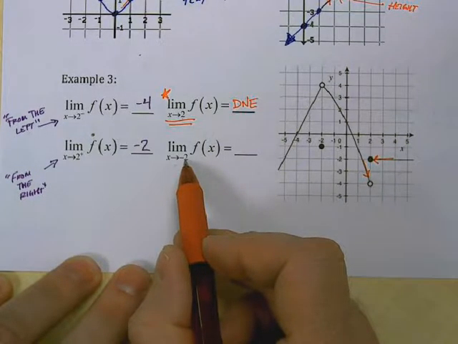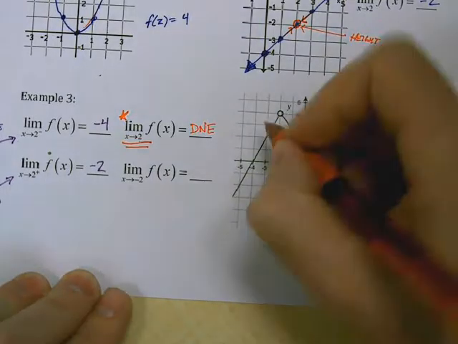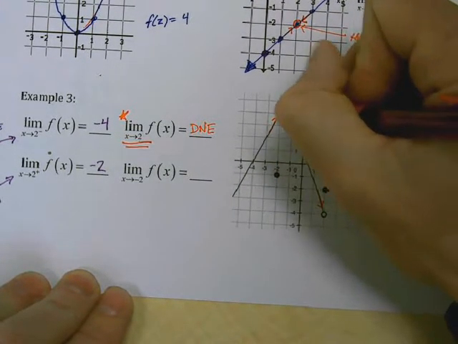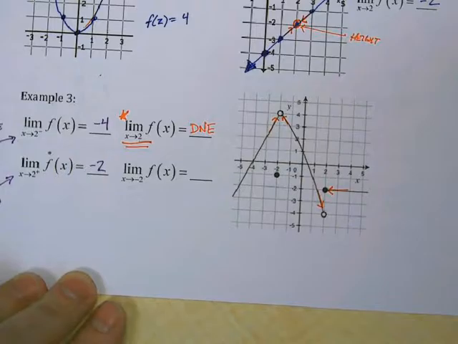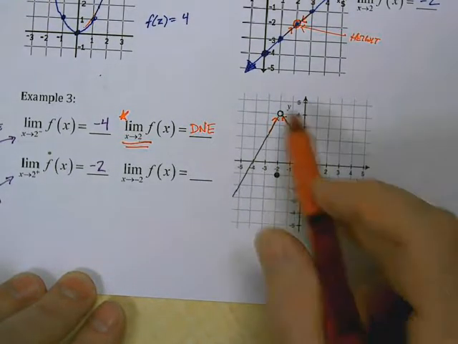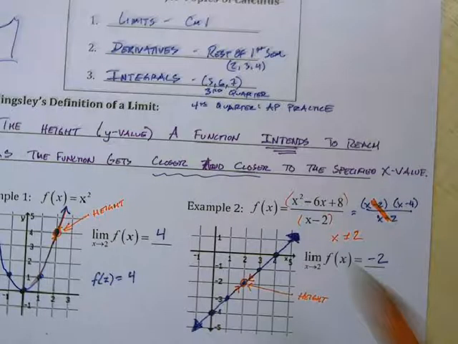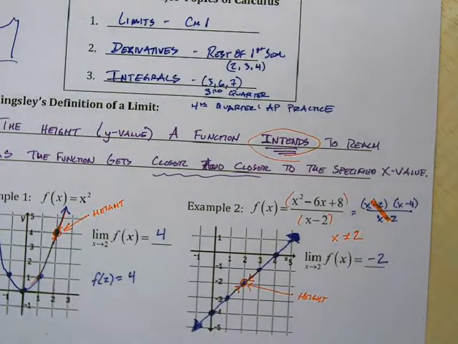Alright, I intend to go from the left, I'm going to 4. From the right, I'm going to 4. But where am I actually at -2? I'm actually at -1. So is my limit -1 or is it 4? Alright, this is why I like that word intends. And yes, Press said does not exist.